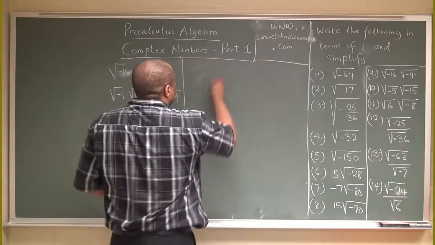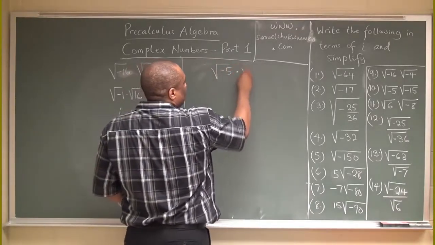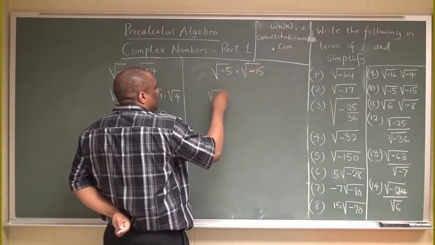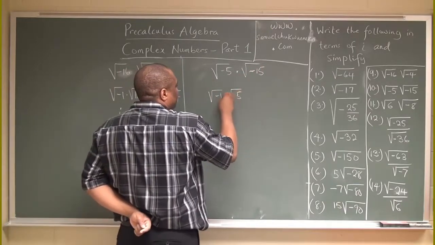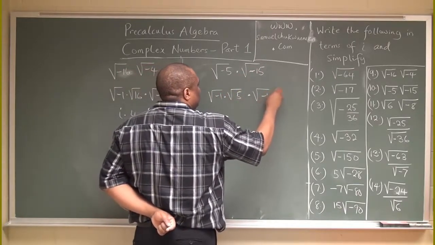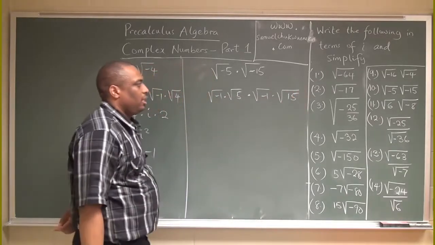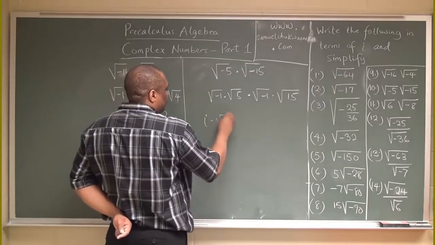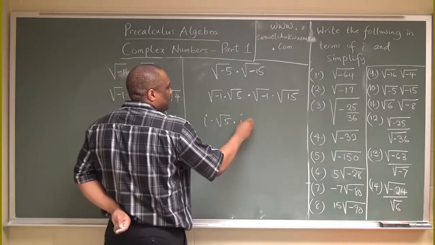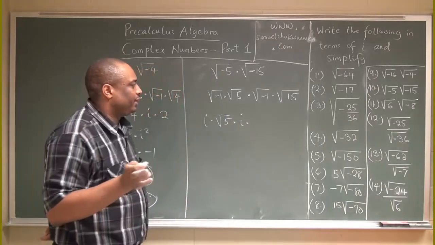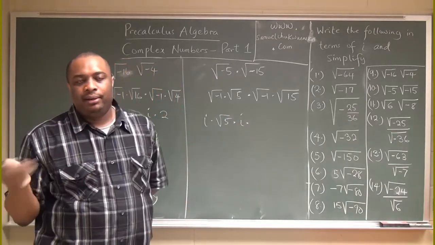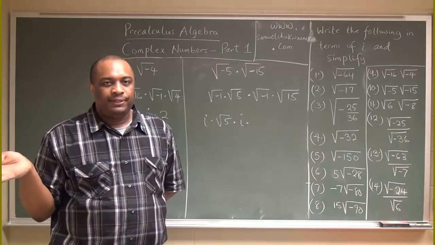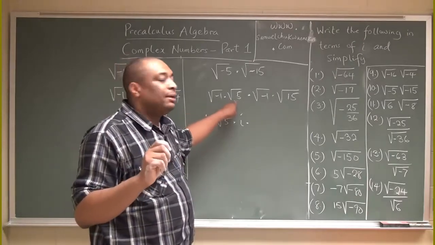Other ones, square root of negative 5 times square root of negative 15. So this means square root of negative 1 times square root of 5 times square root of negative 1 times square root of 15. So this will be i times square root of 5 times i times square root of 15. Square root of 15 doesn't have any perfect square, but because you see square root of 5 here, something can work.